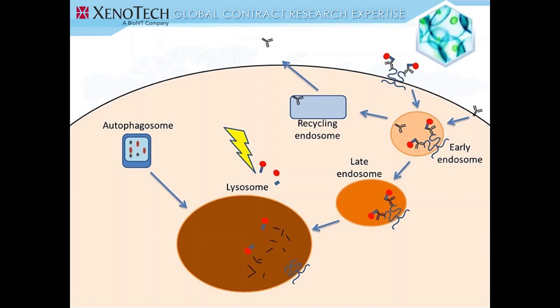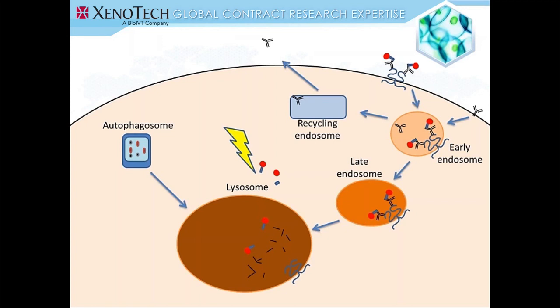From there, a trafficking decision needs to be made on whether or not the components of that early endosome are going to be shuttled back up to the plasma membrane or secreted through recycling endosomes, or if those complexes are going to continue down the endosome-lysosome pathway towards degradation.